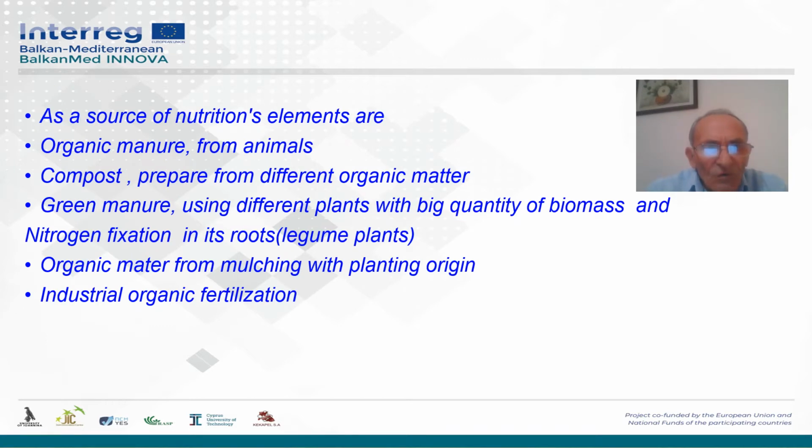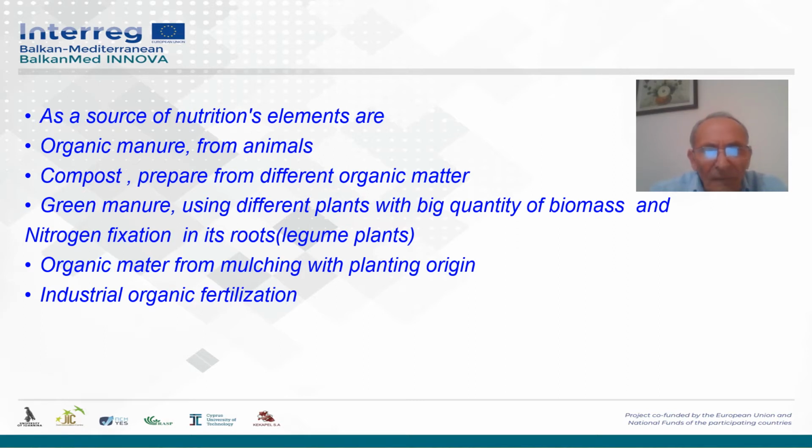As a source of nutrition elements, we can mention organic manure from animals, compost prepared from different organic matter, and green manure, using different plants with a big quantity of biomass and nitrogen fixation in their roots, legume plants.